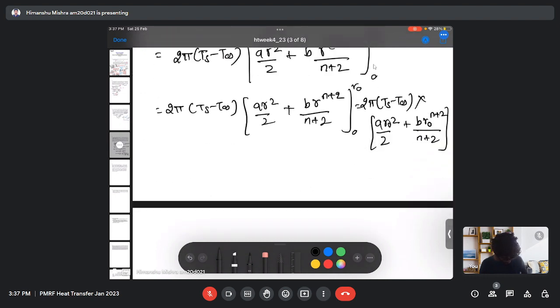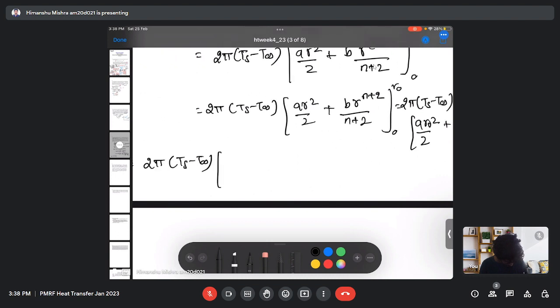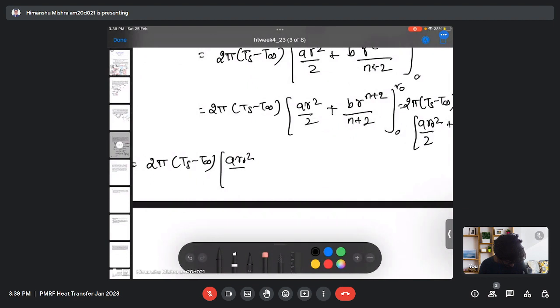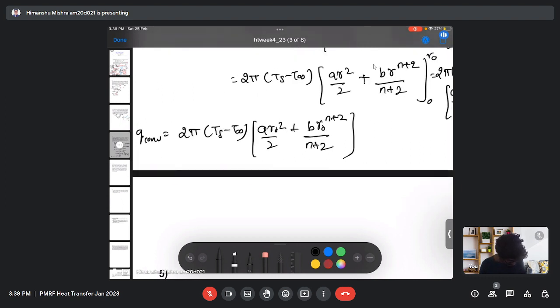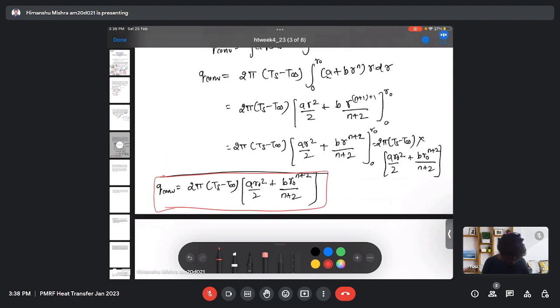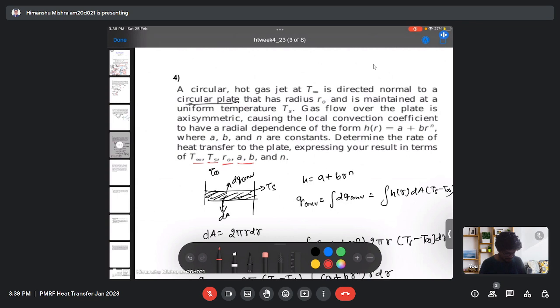So my heat convection will be 2 pi times Ts minus T infinity times this bracket. This is my total heat transfer over the plate, and I can define my heat transfer relation in terms of Ts, T infinity, R naught, A, B and n.